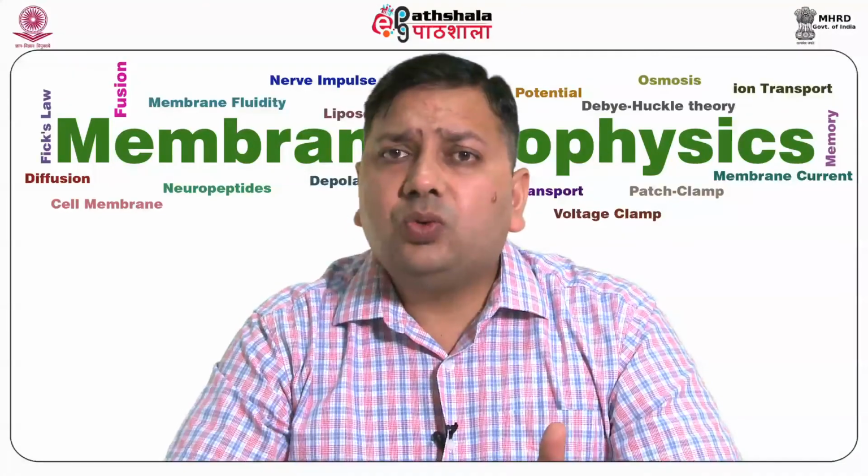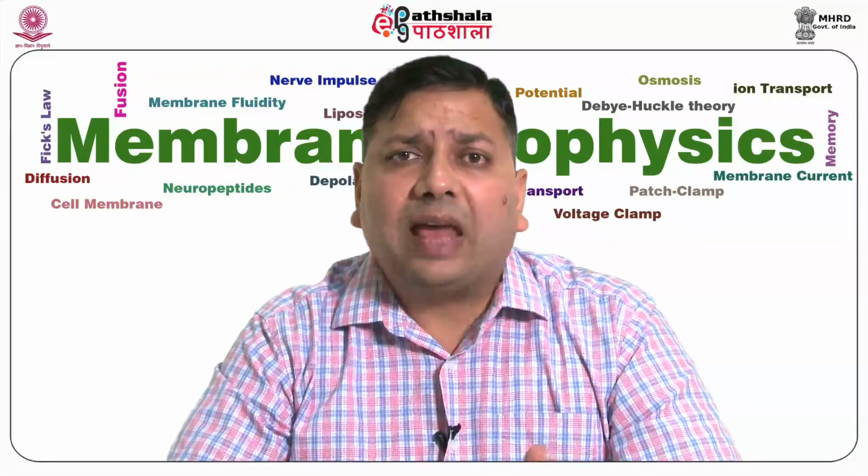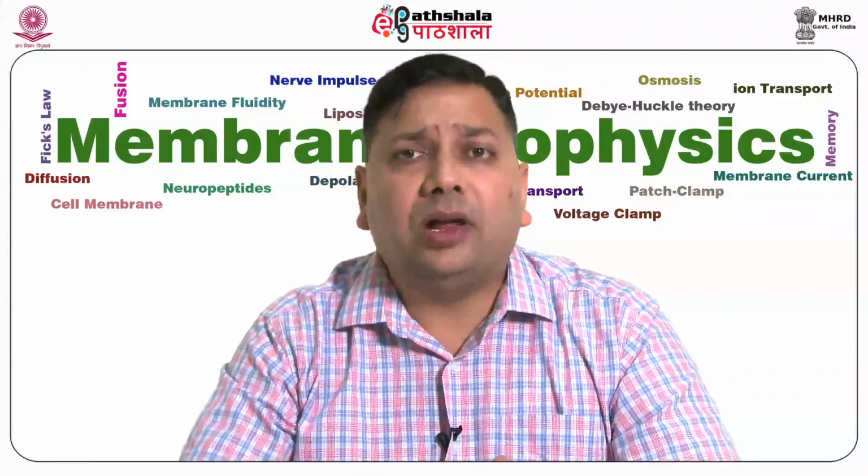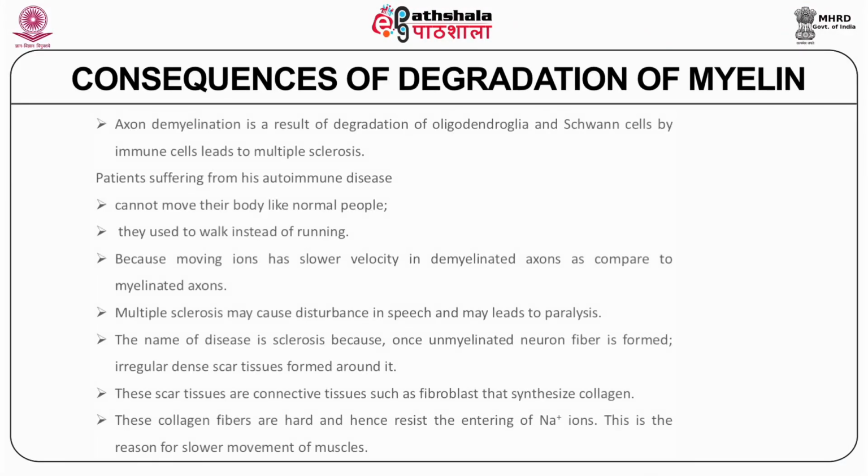Now coming to the consequences of the degradation of myelin. When myelin is degraded from the axon, we call it axon demyelination. It is the result of degradation of oligodendroglia and Schwann cells by immune cells, and leads to multiple sclerosis.